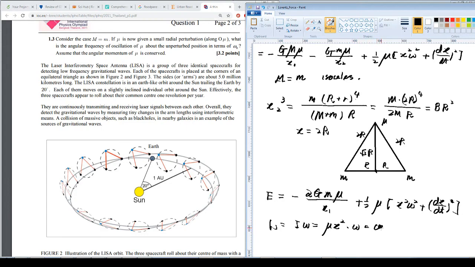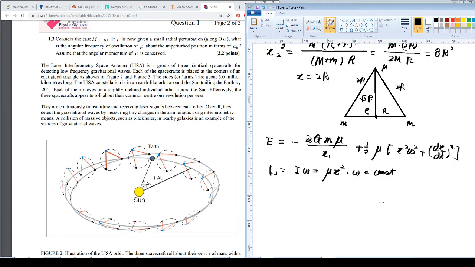That's a conserved quantity because there's no external torque as the object is oscillating. Okay, so now we should be able to differentiate our energy as a function of time, but of course that's zero. It's a conservation of energy.